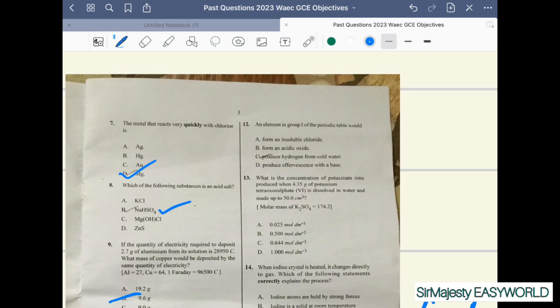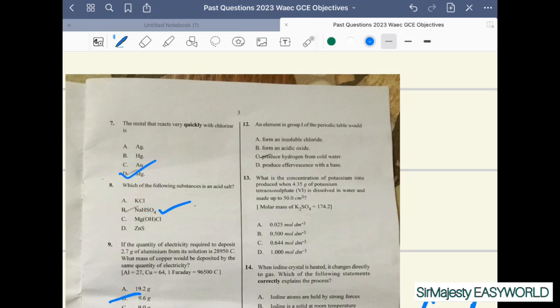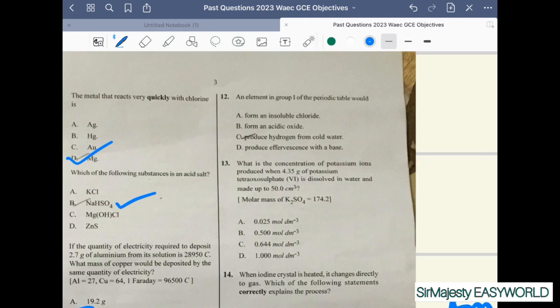Then they form an acidic oxide. No. Group 1 elements are metals, and oxides of metals are basic oxides. They are basic oxides because they react with water to form bases or alkalis, and in the presence of acid, they form salt and water, of course. Now, the other option says the element would produce hydrogen from cold water.